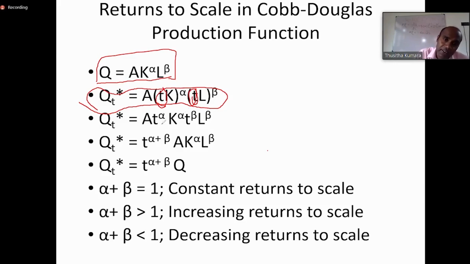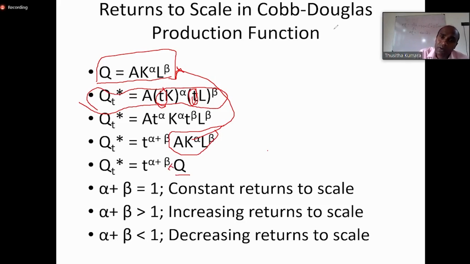Then we can take the common factor T, that is T^(alpha+beta). The remainder is A K^alpha L^beta. This part we already know, that is here, so instead of that we can put Q. So Q_T, the new output level, equals T^(alpha+beta) times Q, where Q is the original output level.